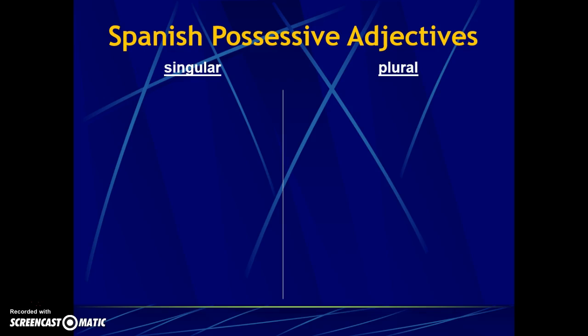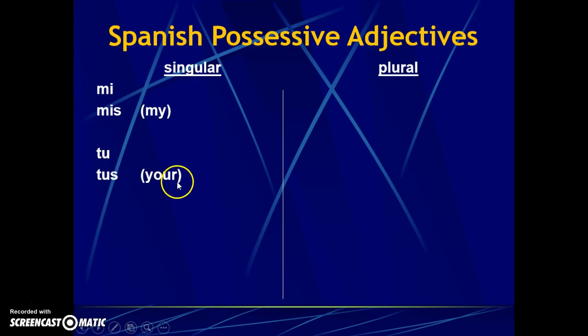So you have singular and plural, just like in English. For singular, we have mi and mis. Both of these mean my, both of them. This one, though, depending on the noun that comes after it, has to agree with it. So we'll figure that out in a second. You have tu and tus.